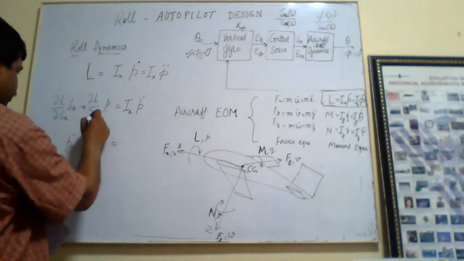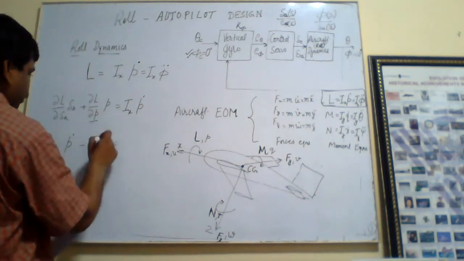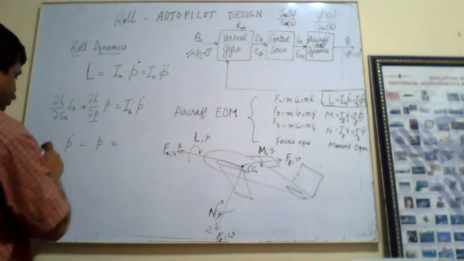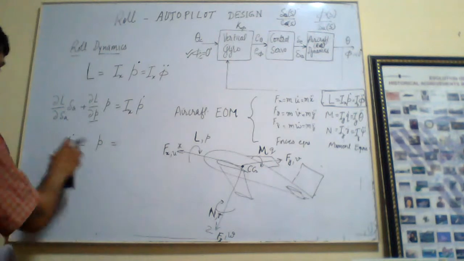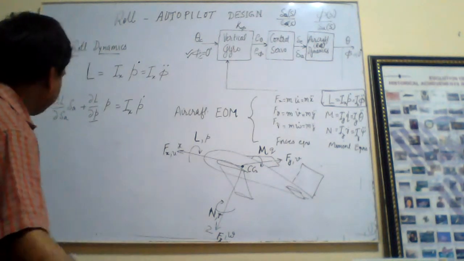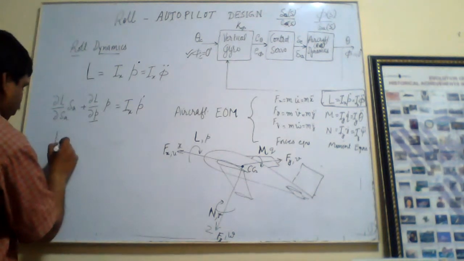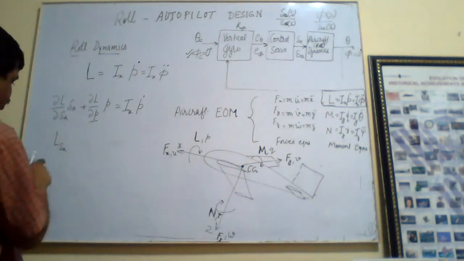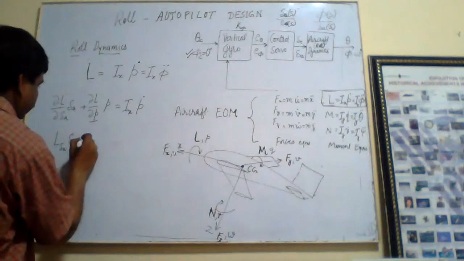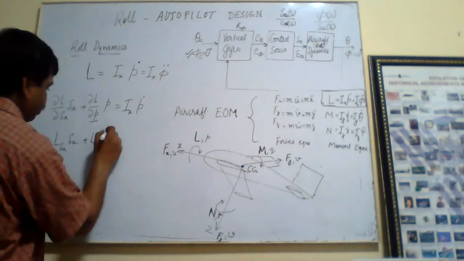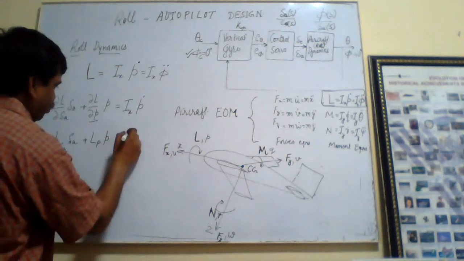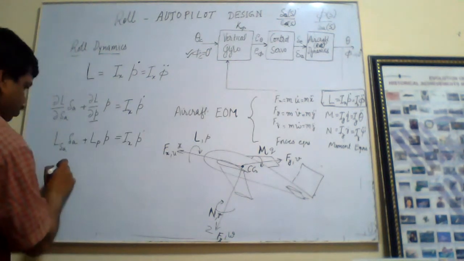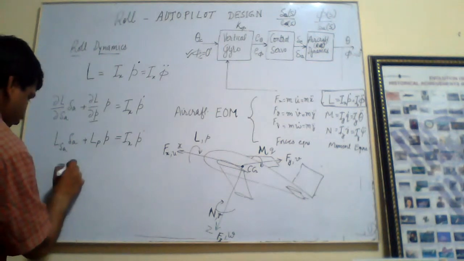Now I can divide all the terms. So let me write it in a little easier form. This is L del A, which is del L by del A, into del A, plus L P times P, equal to Ix P dot.